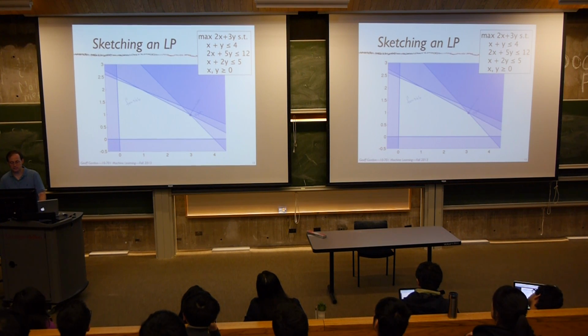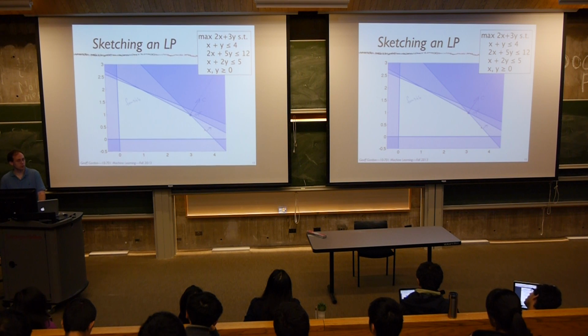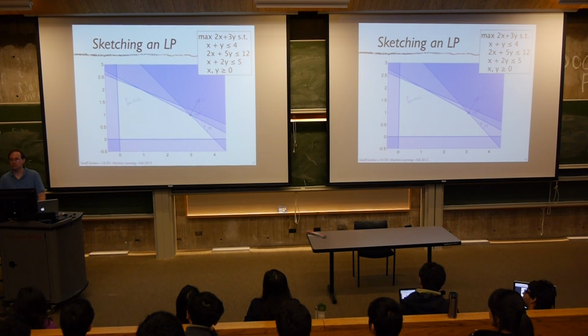And then this is c, the objective vector. Each one of these is going to wind up being a row of A. Each one of the constraint normals will be a row of your constraint matrix. Okay, so everybody think that they could sketch an LP like this, given this, turn it into this, perhaps with the help of MATLAB?